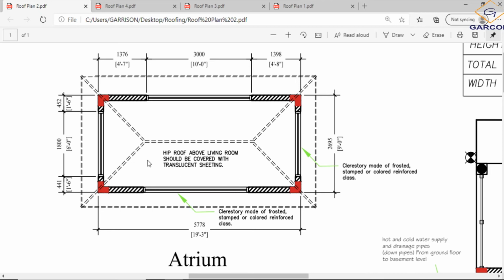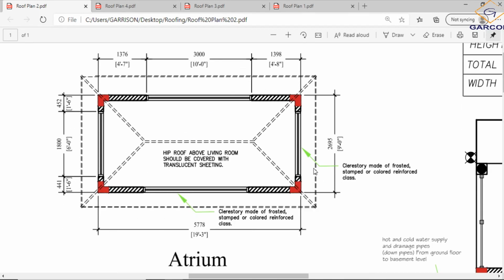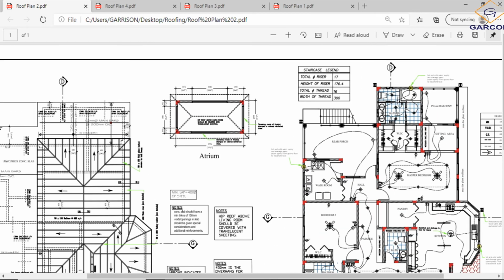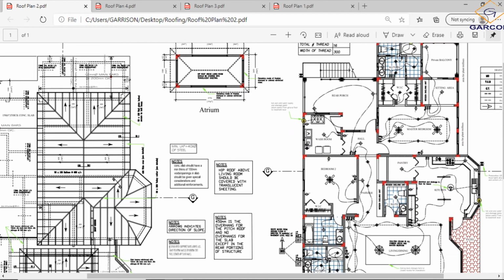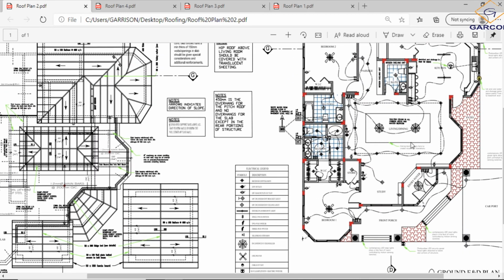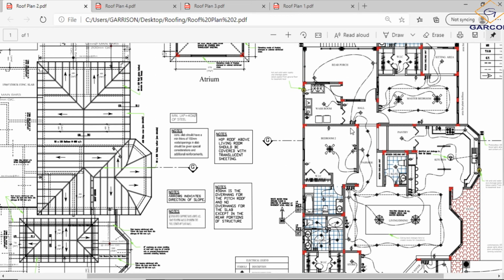Because there was an atrium on top of the roof that goes up higher than the actual ceiling, so sunlight can shine and come down into the building. You have some big windows up there. And in a building drawing, you usually find the electrical and drainage plan beside the roof plan or close to the roof plan. So this is electrical and drainage.